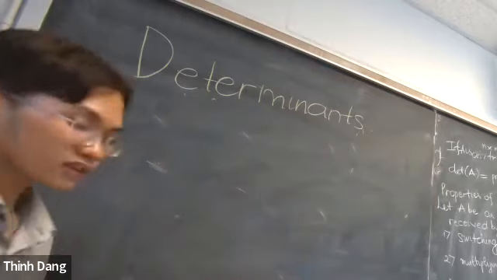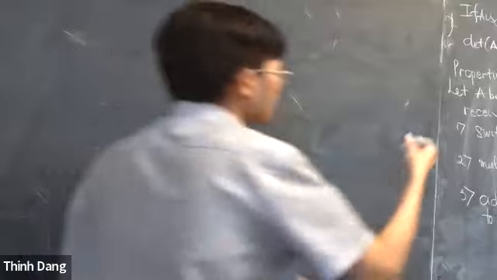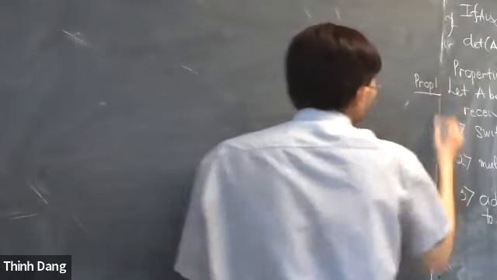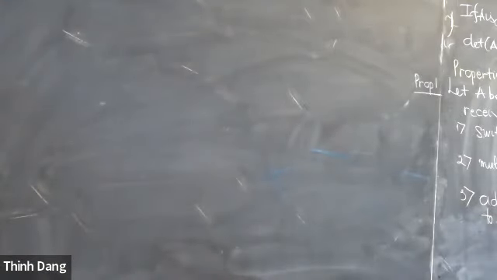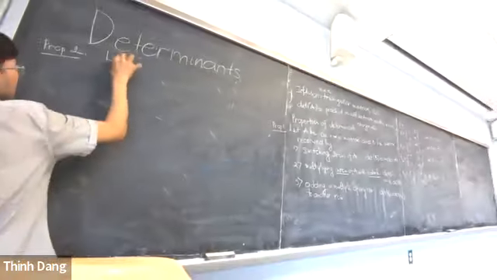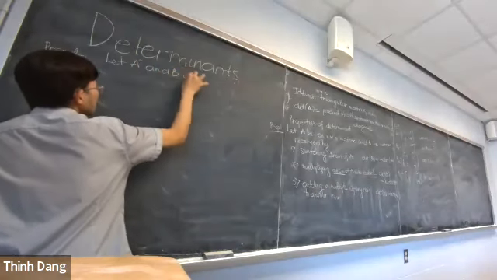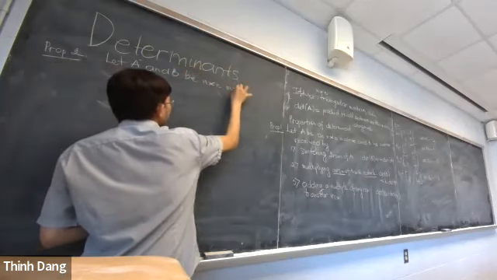Let's call this property number 1. Next, we've got property number 2. Let A and B be n by n matrices.